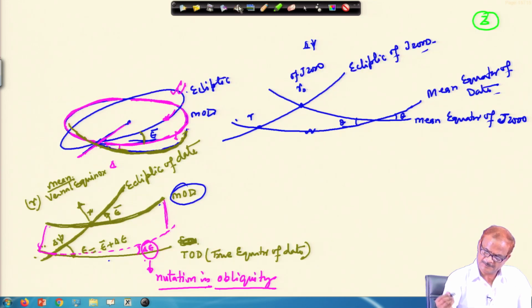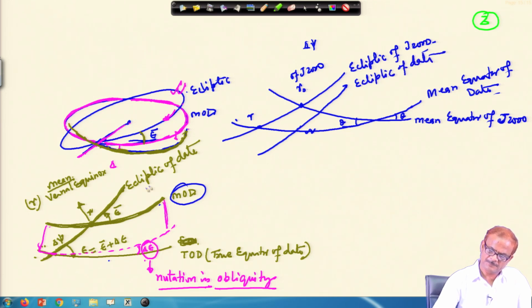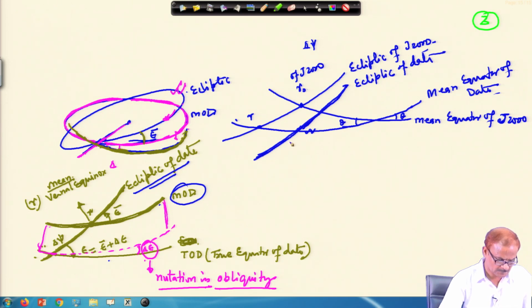Then the next part we have moved to the ecliptic of date. So, we are picking up the ecliptic of date. First we had the mean equator and the ecliptic of J2000.